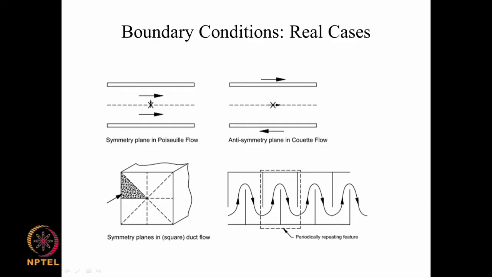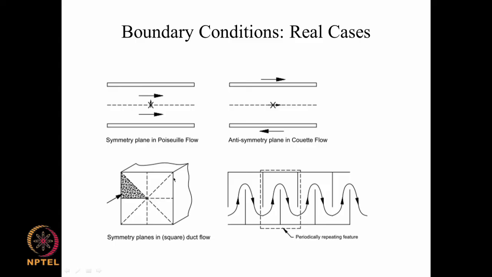So you can say that this whole thing is symmetric. There is a symmetry, so 1/8 of the domain is enough here. So if you compute the flow domain in this, then from this you can make use of the symmetry plane and transfer it to the other side, and once you have this half, you can bring it to this side, and once you have this half, you can bring it to this side and get the whole thing.